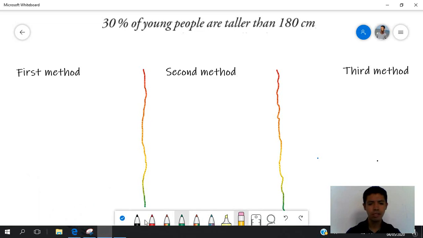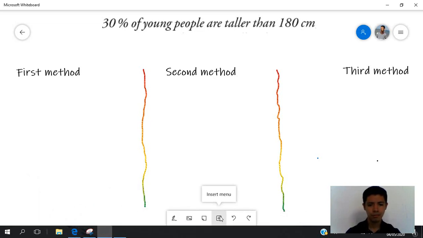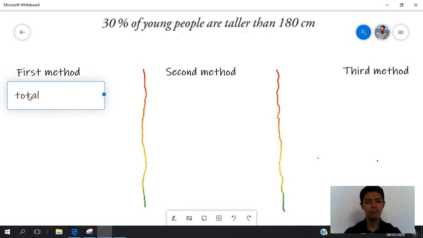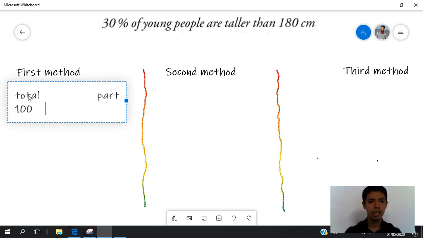First, we build our table. On this table, we will have the total, and we also will have the part. The first total is going to be 100, and the part is going to be 30.